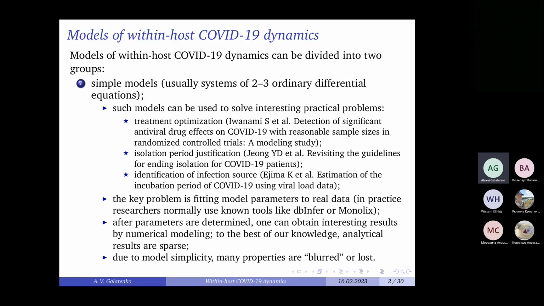And on the other hand, since our model is simple, since we have just 2 or 3 parameters, many properties which may be essential from the biological point of view are lost or just blurred. Examples of such blurred properties will be presented a little bit later.